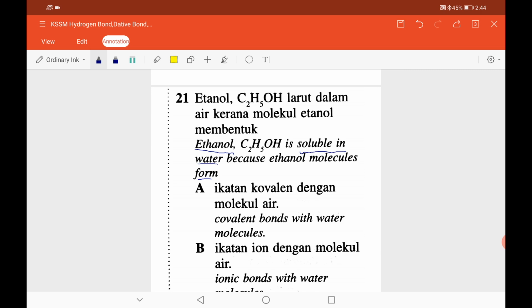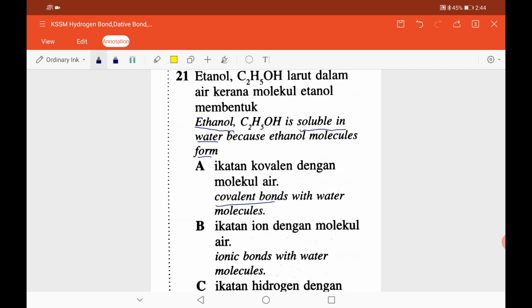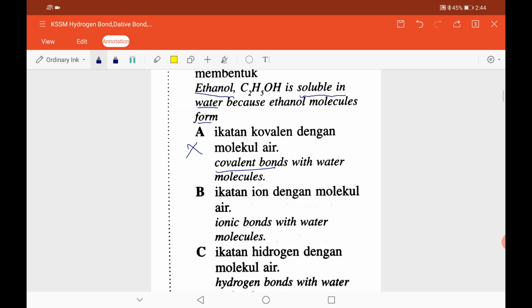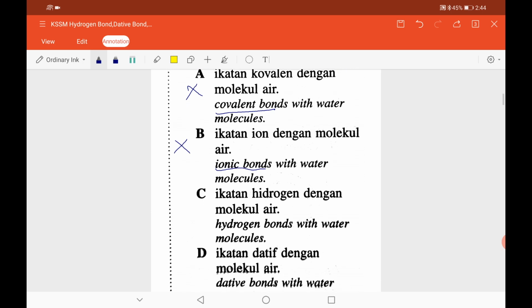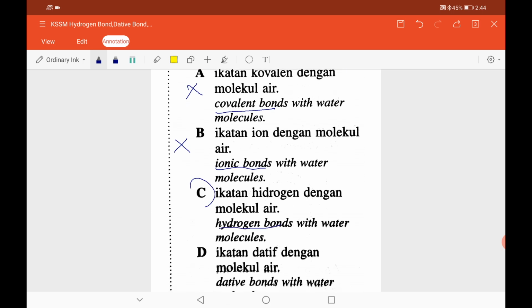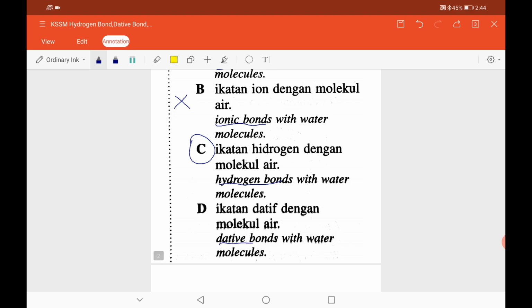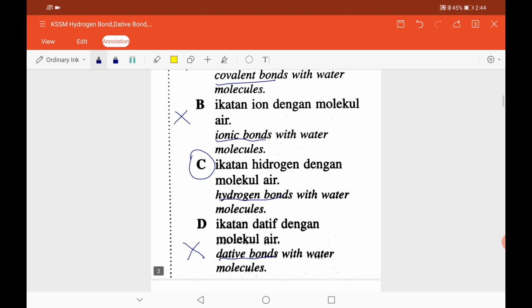Hydrogen bond. So let's look for the answer. Answer A says covalent bond. No. Answer B says ionic bond. No. Answer C says hydrogen bond. Yes. Answer D says dative bond. No. So I repeat one more time: if the substance is soluble in water, it means the substance is able to form bond with water. In order to form bond with water, we must have hydrogen bond. That's the logic. Very simple.